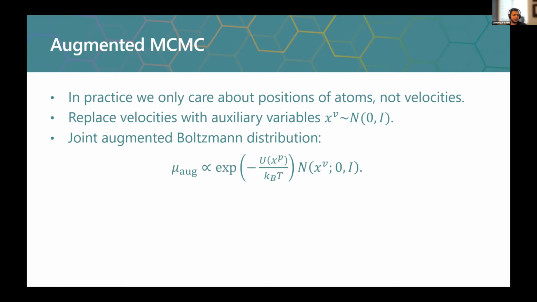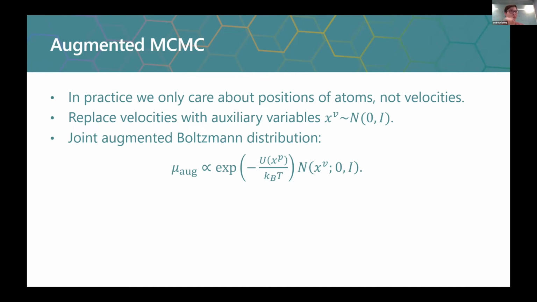I don't understand why you say that you don't care about the velocities. Can you explain why we don't care about them? To some extent, this is scoping the problem. Actually, the reason we don't care can be explained in the following way.